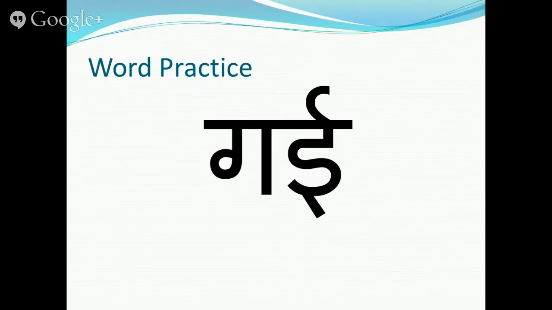The first syllable is ga, and the second syllable is e. So we don't want to get rid of it. Remember, it's there. So this is actually gai. Especially if you learned Hindi strangely in the beginning, you might have a tendency here to say gi, but remember the a is there. Gai.